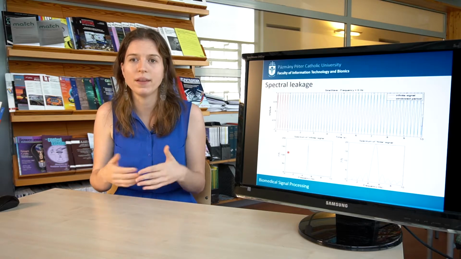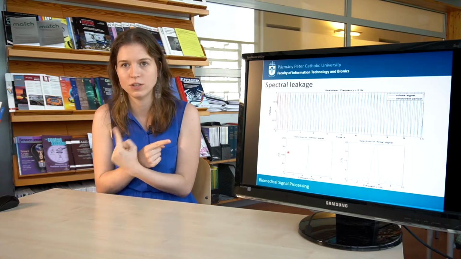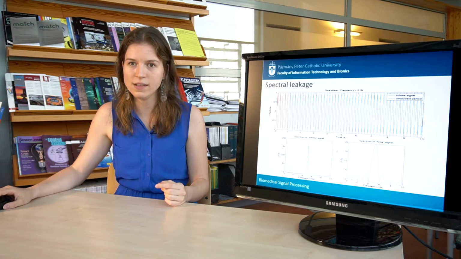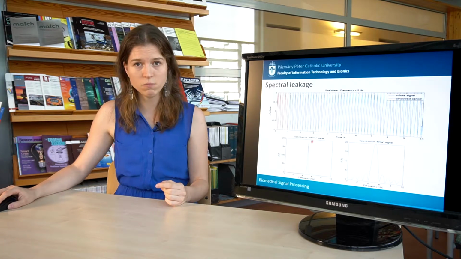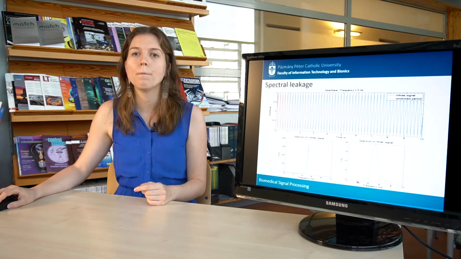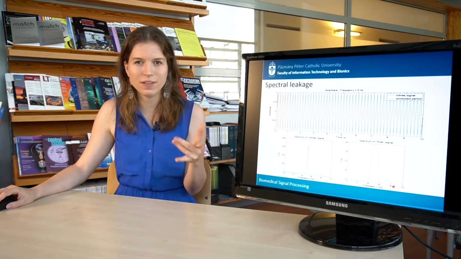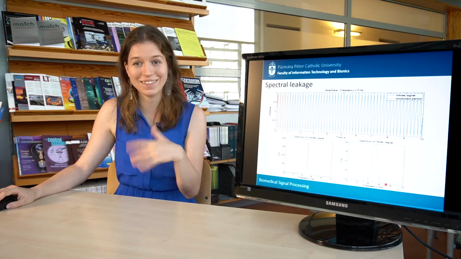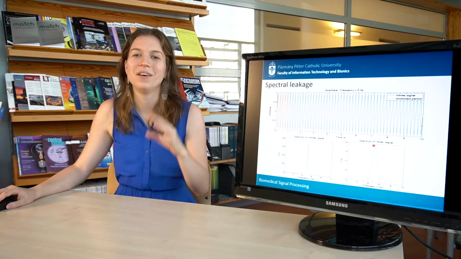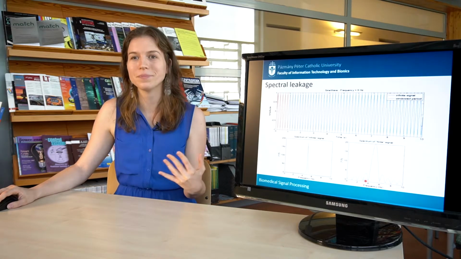So this is happening here too, just in the other direction. You can see that the long signal has a nice spectrum, but for the short signal, you have this strange pattern, this sinc function superimposed on it.